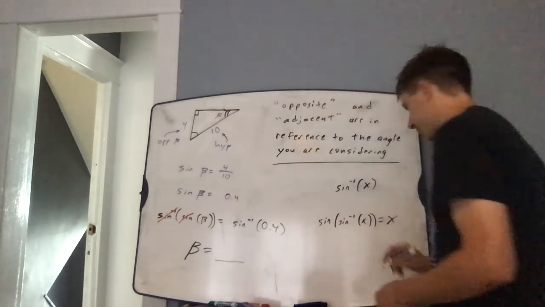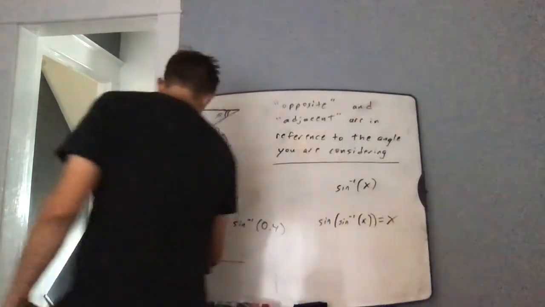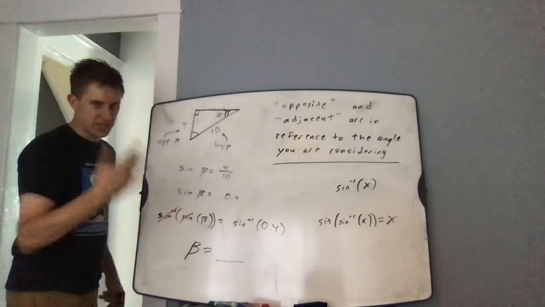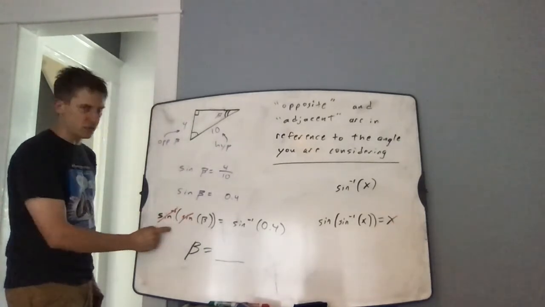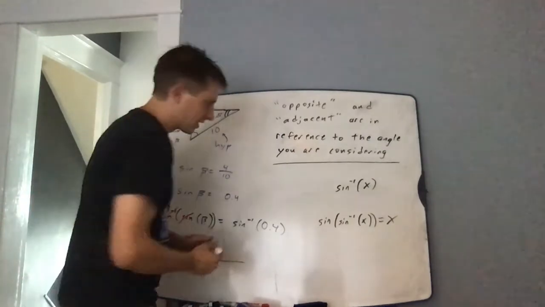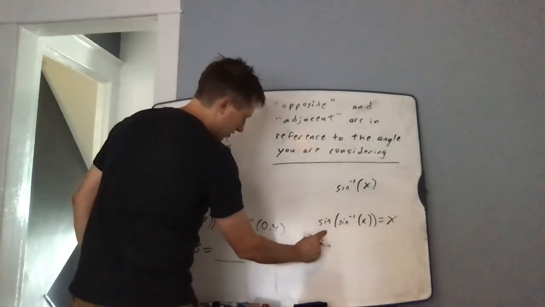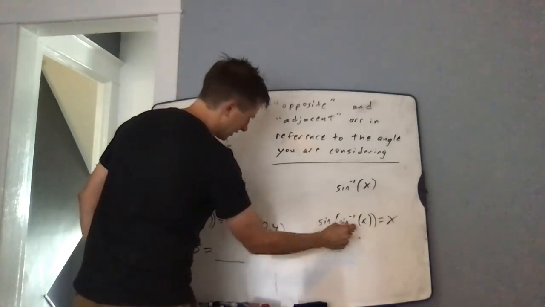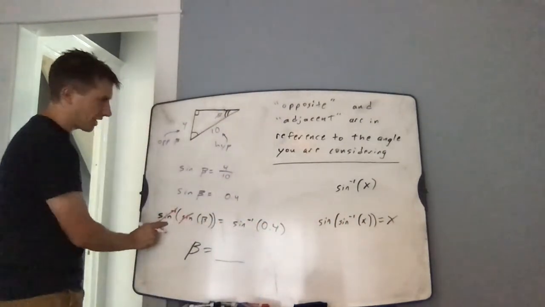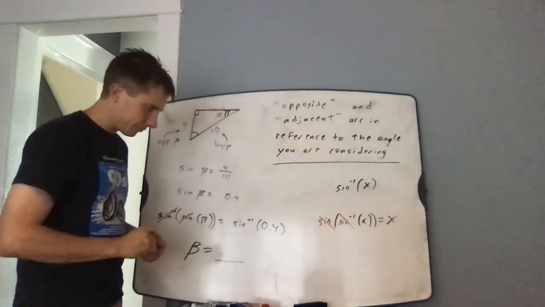This is also equal to x. Usually in this course, we will have sine or cosine or tangent, and then we take the inverse function on the outside. But mathematically speaking, it doesn't matter if I have sine inverse inside and sine outside, or if I have sine inside and sine inverse outside, these still will cancel all the same.